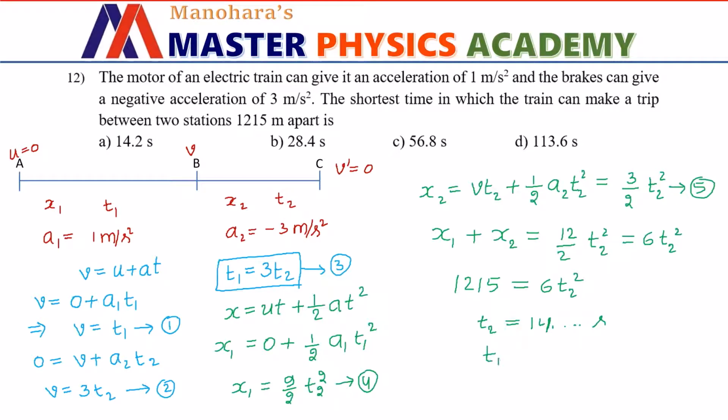And T1 will be very close to 42 point something seconds. So the total time to travel from A to C is equal to T1 plus T2, which is very close to 56 point something seconds. So option C is the right choice.